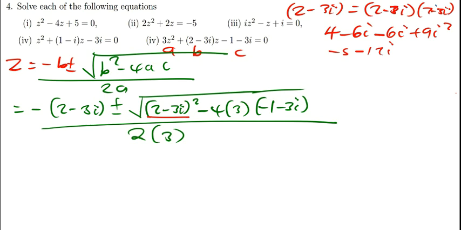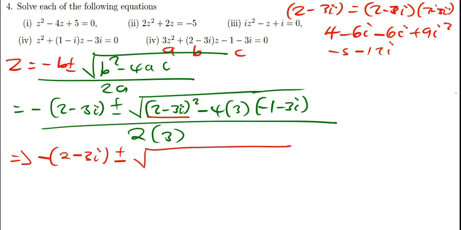So I'm going to have negative 2 minus 3I plus or minus the square root of, everything there has been simplified to in the brackets, 5 minus 12I, minus 12I, then minus, this is going to be negative 12.